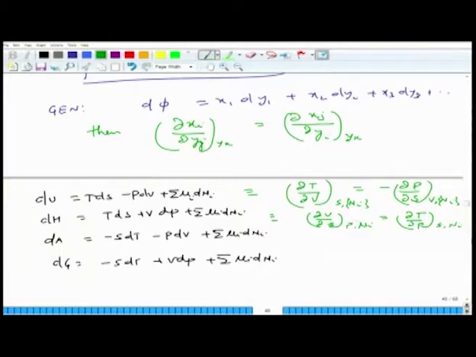You can write this as del P by del T, which will be equivalent to del S by del V. So this uses the inversion rules.